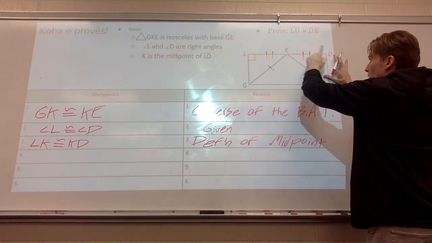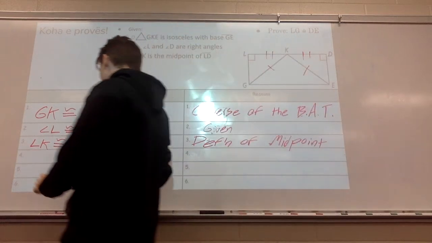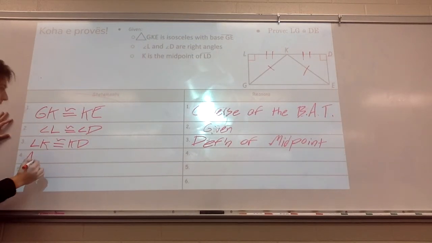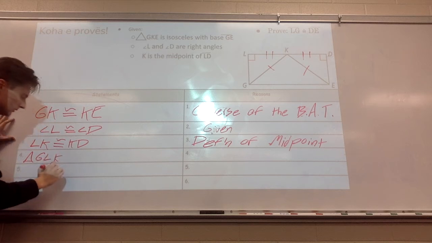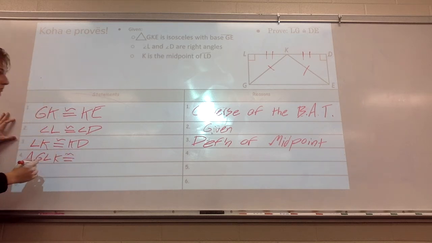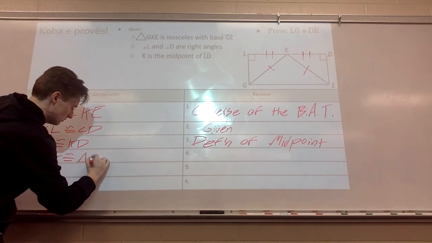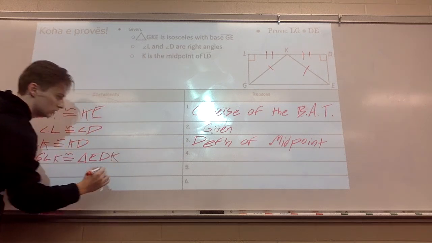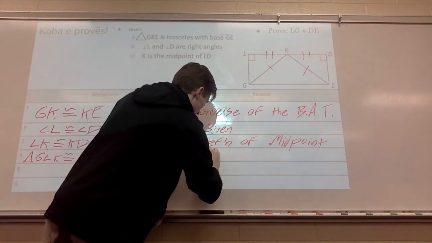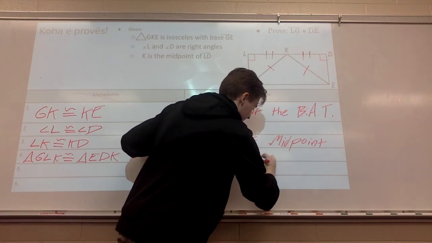And they are both right triangles. So here's what I'm going to say. Triangle GLK is congruent to triangle EDK. Why is that? That is the HL theorem.